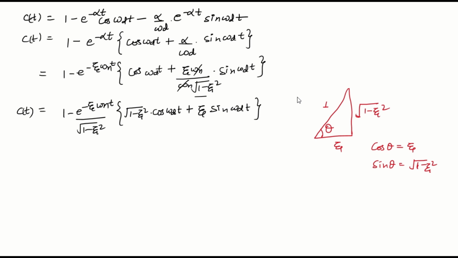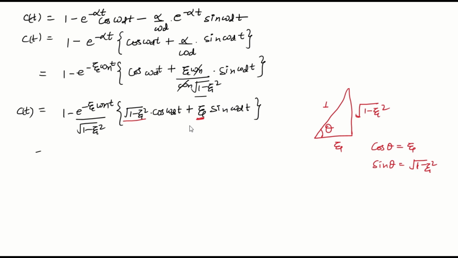Now in this expression we can put square root 1 minus zeta square equal to sin theta, and zeta equal to cos theta, so that we can do some trigonometric calculation and make this expression smaller. So let us substitute these values.